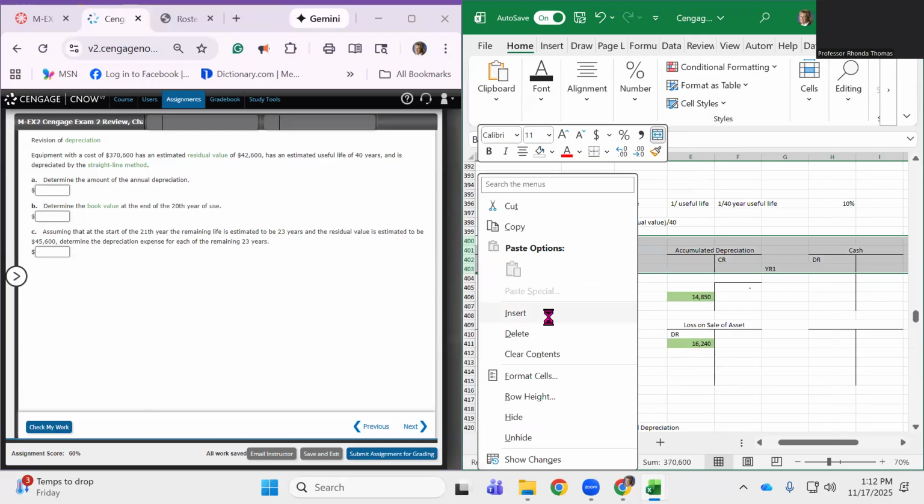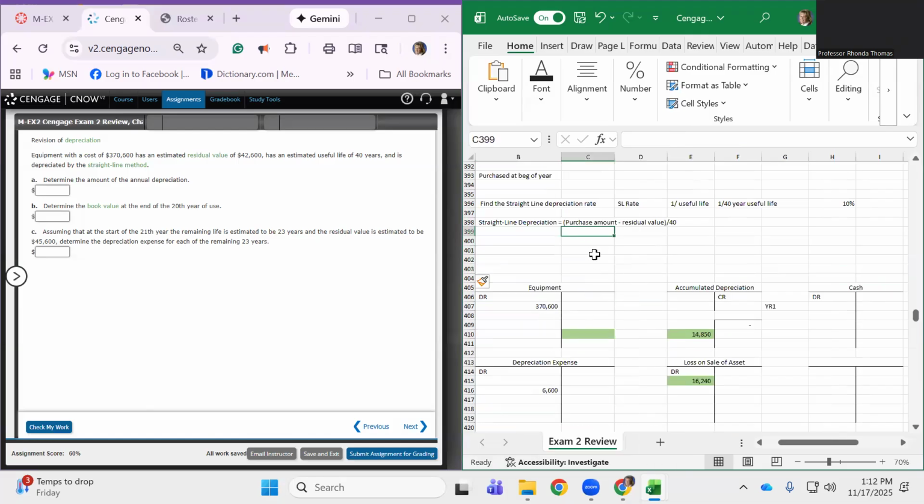The purchase amount is $370,600, and we subtract the residual value of $42,600, put that in parentheses and divide by 40. The good news about straight line depreciation is you get the same amount of depreciation, years 1 through 40. So what is that amount of annual depreciation?